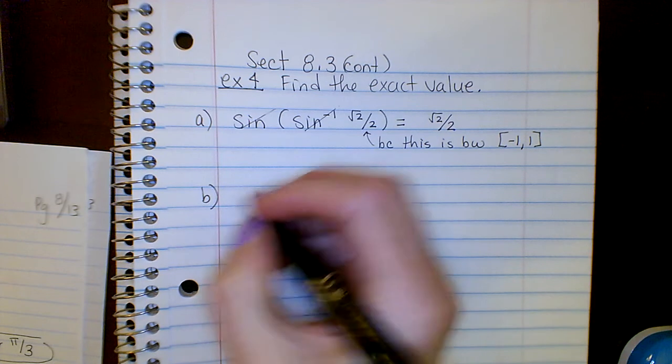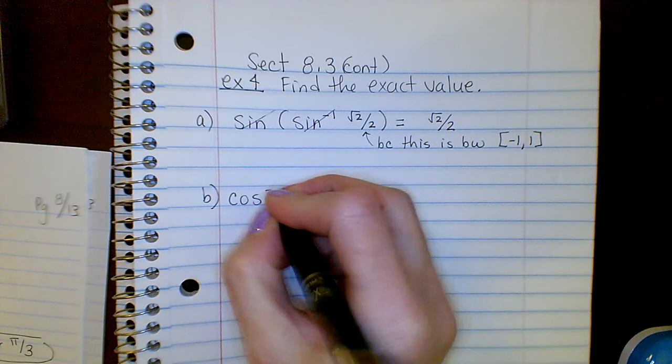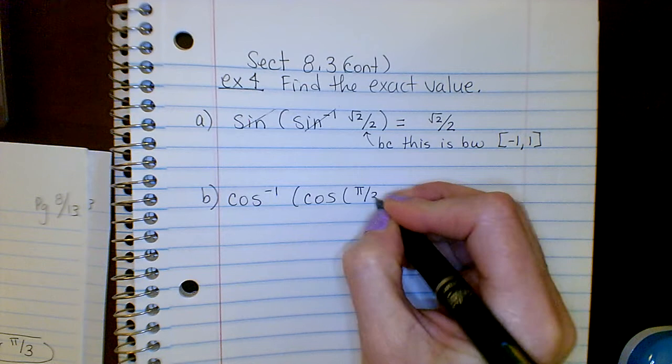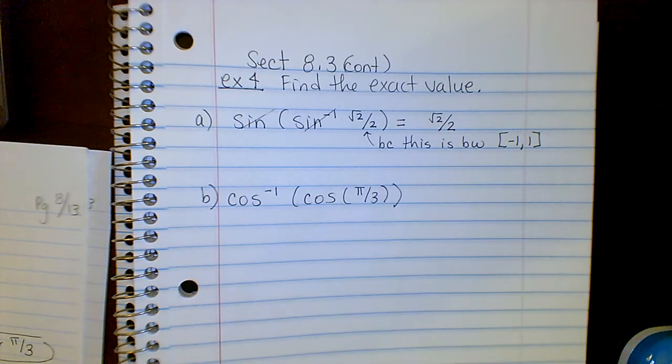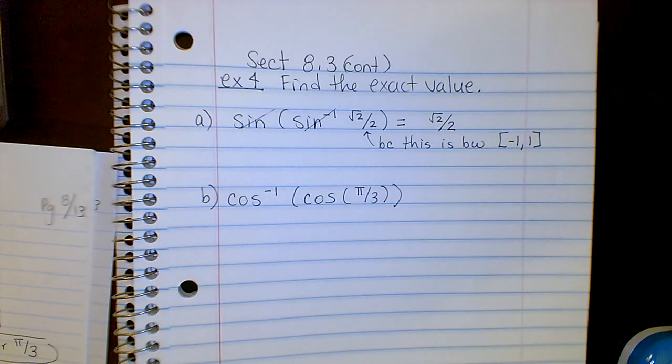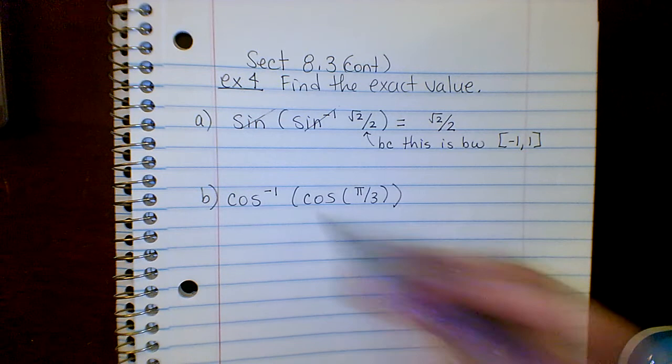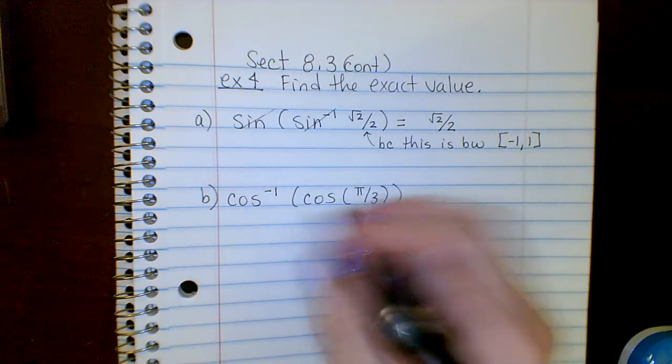All right. Let's do one with the cosine. How about we put the inverse first? The inverse cosine of the cosine of pi over 3. All right, this one looks very similar, right? Looks like these are going to cancel and kind of undo each other.